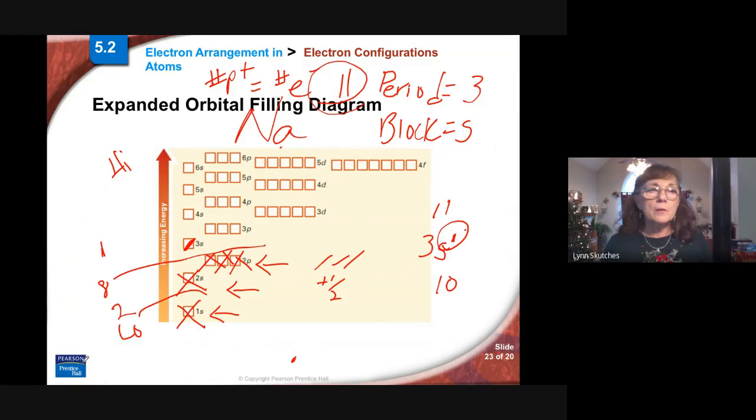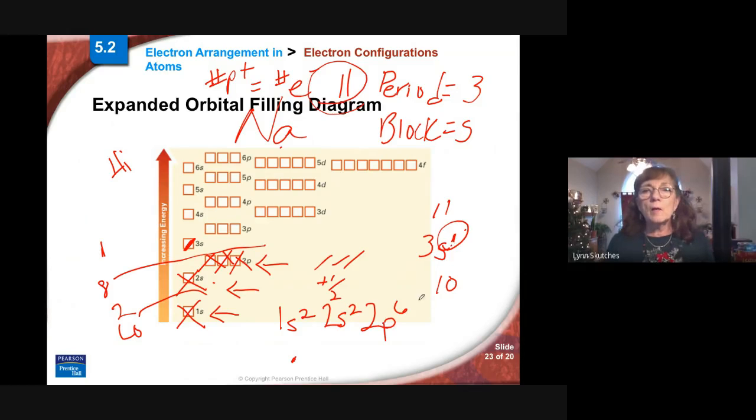So the next thing we're going to do is say, the 1st energy level s orbital has 2 electrons. The 2nd energy level s orbital also has 2 electrons. The 2p orbitals at the 2nd energy level all have 2 electrons. 3 times 2 is 6.